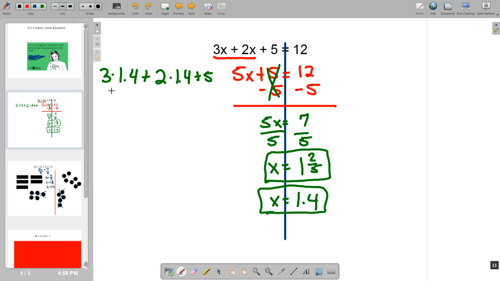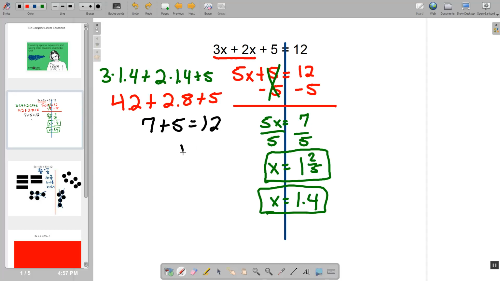Well, 3 times 1 4/10, that's going to be equal to 4 2/10, because 3 times 14 is 42. 2 times 14 is 28, so this is going to be 2 8/10, and then we're going to add 5. These together are going to be 7, and 7 plus 5 is equal to 12, so that means our answer has to be correct.